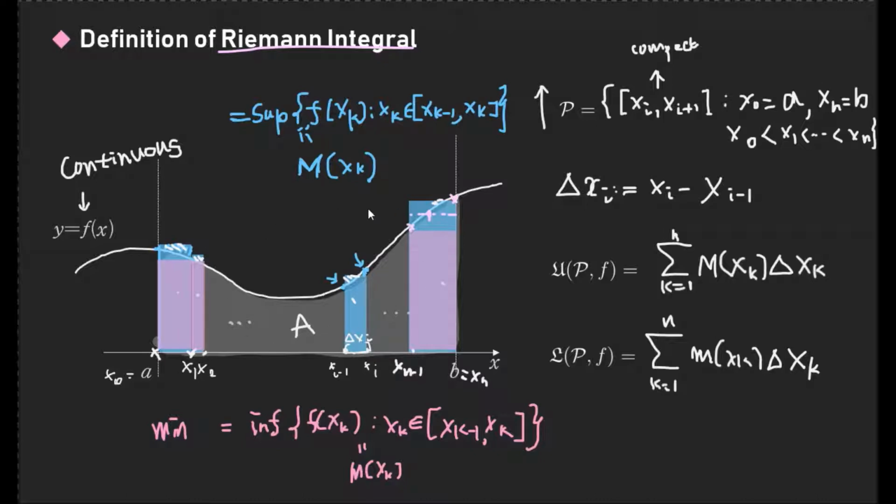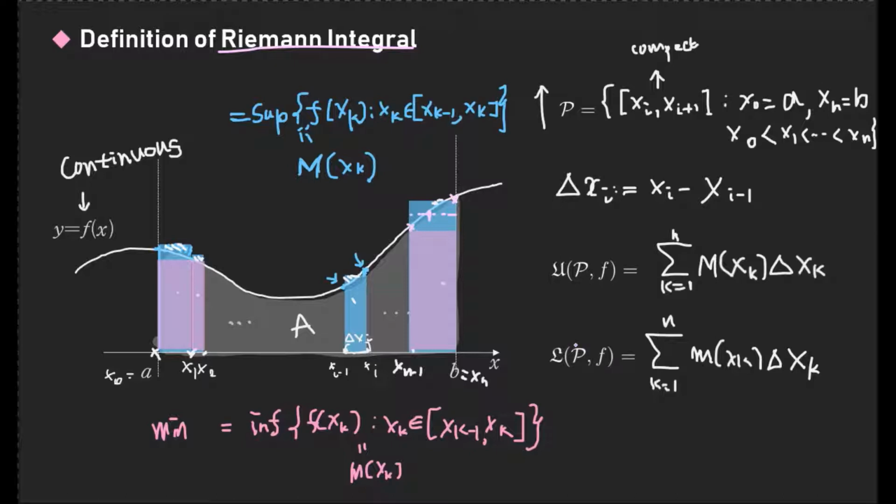In the previous lecture, we considered rectangles whose heights are the infimum and supremum, and take the limit, and the upper sum and the lower sum coincide.